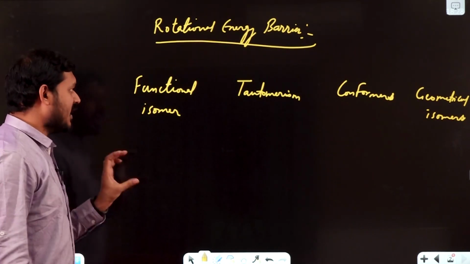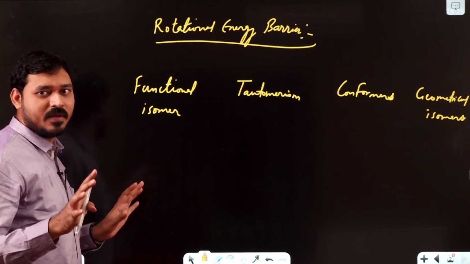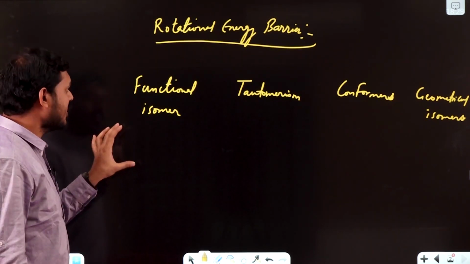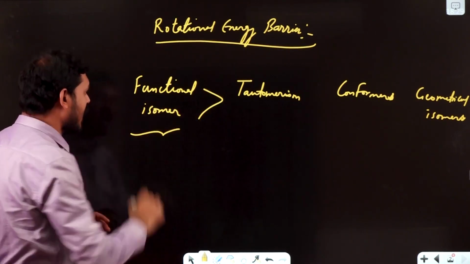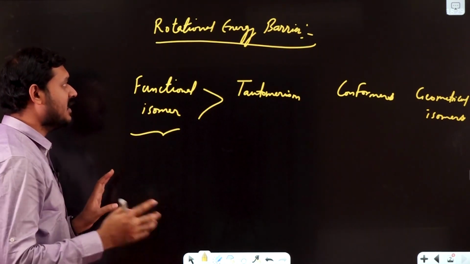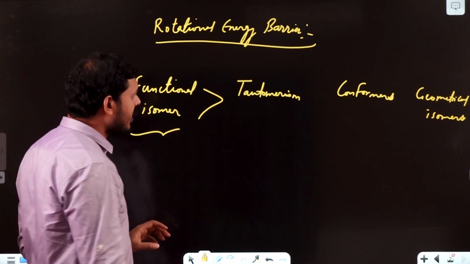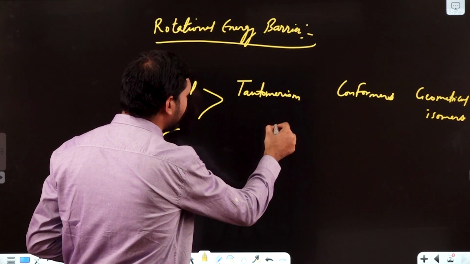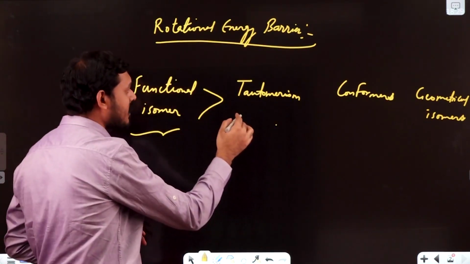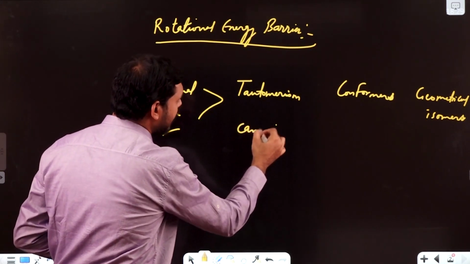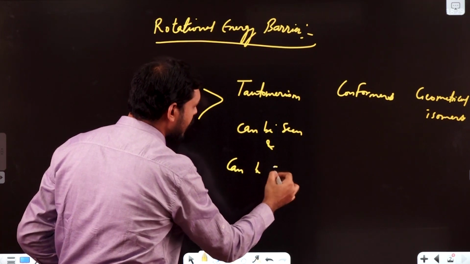When we say functional isomers, they are actually very different compounds. The two compounds are very different, right? So in case of functional isomers, the rotational energy barrier is very high. We cannot rotate it easily. Now tautomerism was one sort of functional isomer only. They are real species. They can be seen and they can be separated.